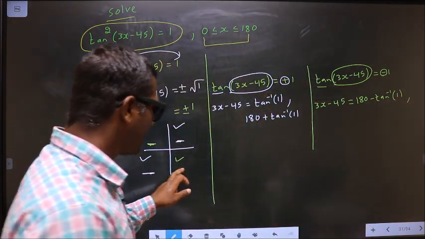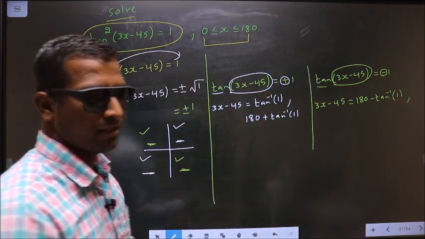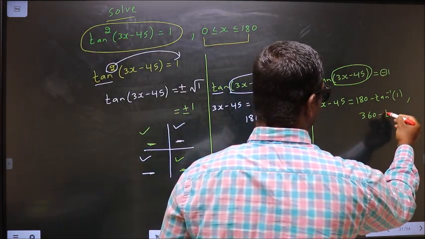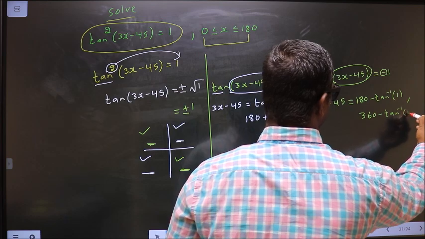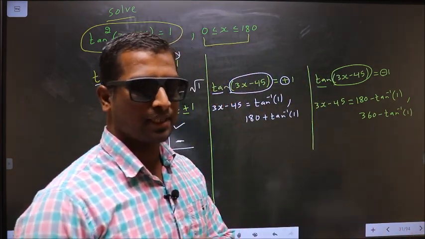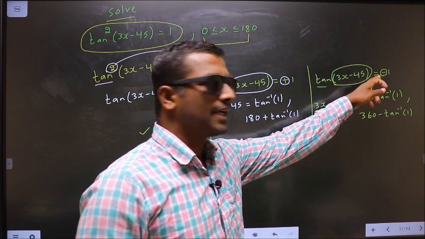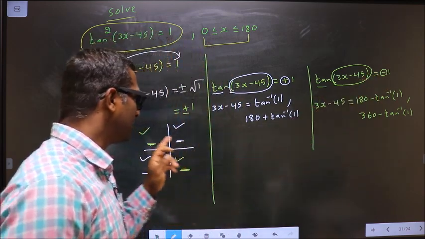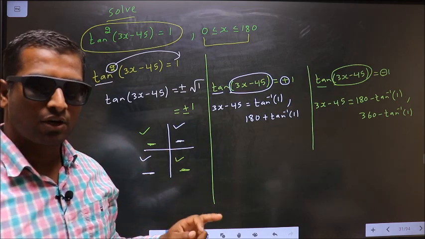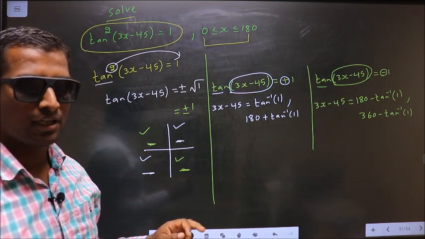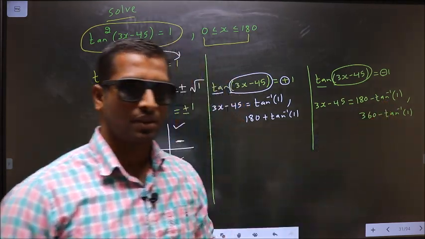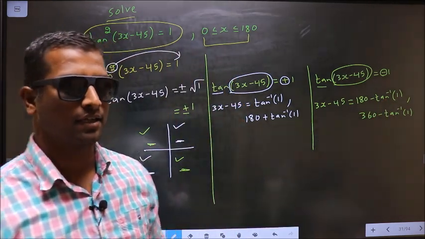To get an angle in the fourth quadrant, we should do 360 minus tan inverse 1. Now, remember this, the negative sign is used only for selecting the quadrants. Once quadrants have been selected, you should not place the negative sign again here. Remember that.